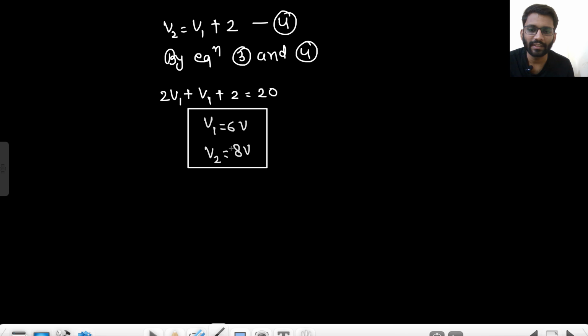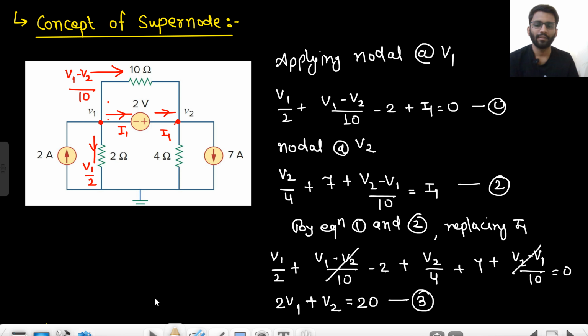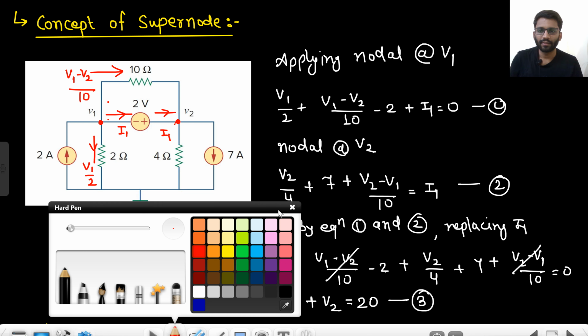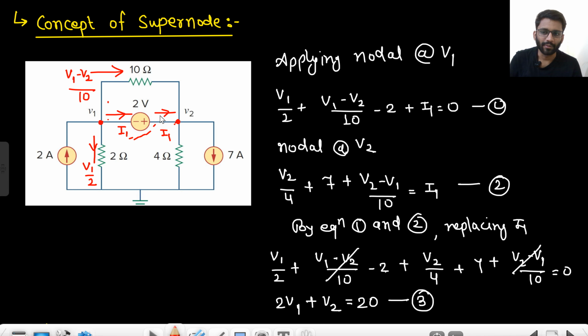So what is one different thing we can do? Look, there is this common branch between V1 and V2.